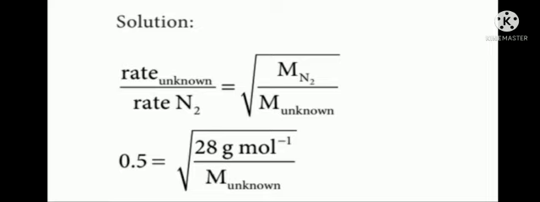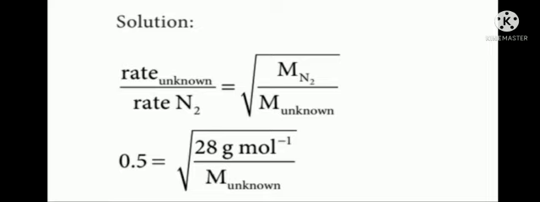As per the question, rate of unknown gas divided by rate of N2 gas is equal to 0.5. The molar mass of N2 is 28 gram mole power minus 1. For 1 nitrogen, the molar mass is 14 gram mole power minus 1. For 2 nitrogen, the molar mass is 28 gram mole power minus 1.